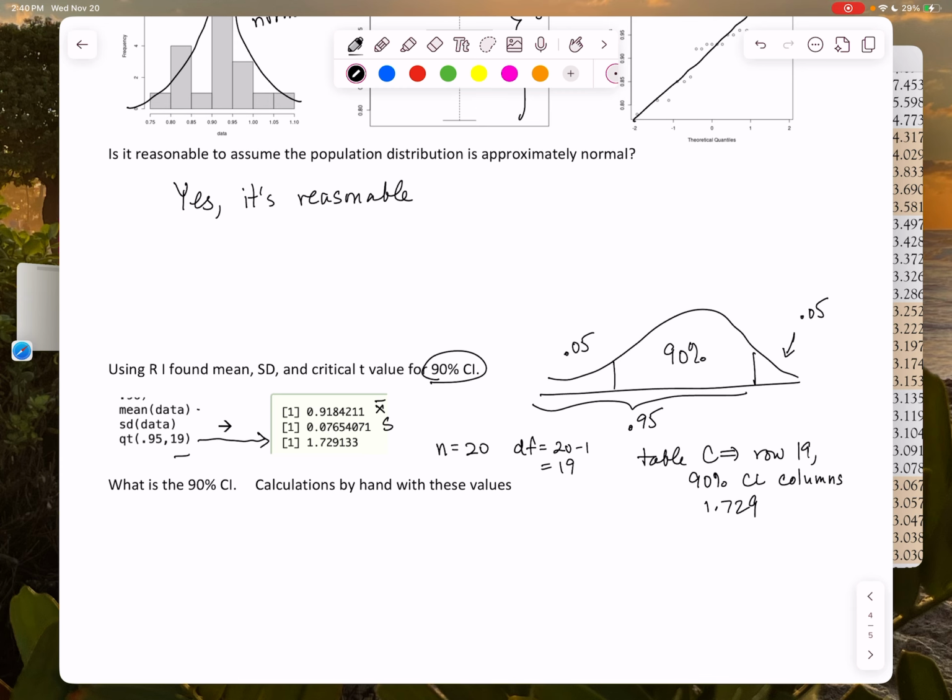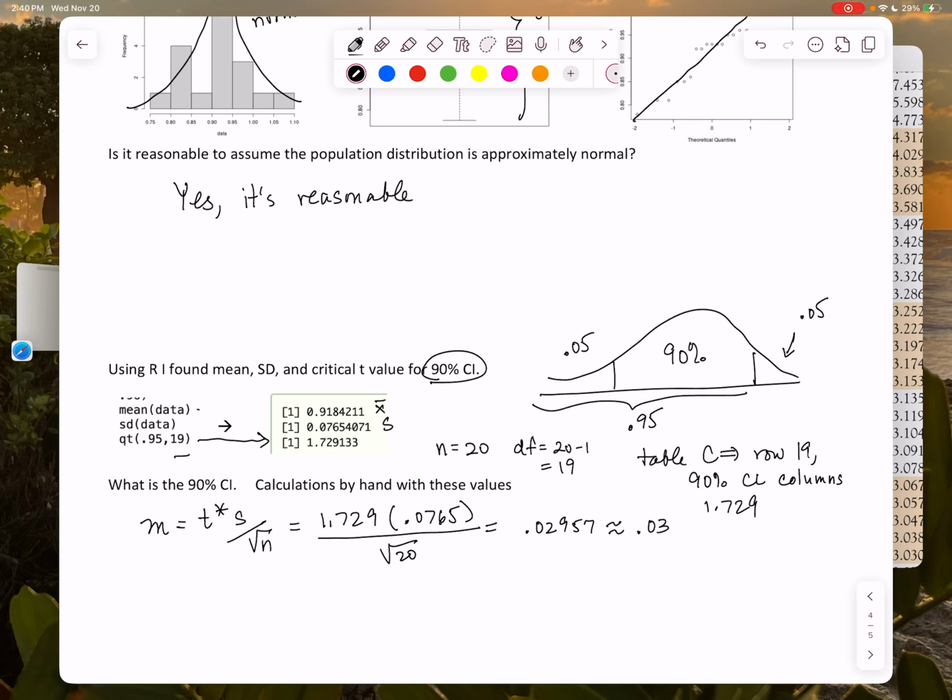So either way, m is going to be t star times s over the square root of n. So 1.729 times s, 0.0765. There are 20 data values. I get 0.02957, which is approximately 0.03.